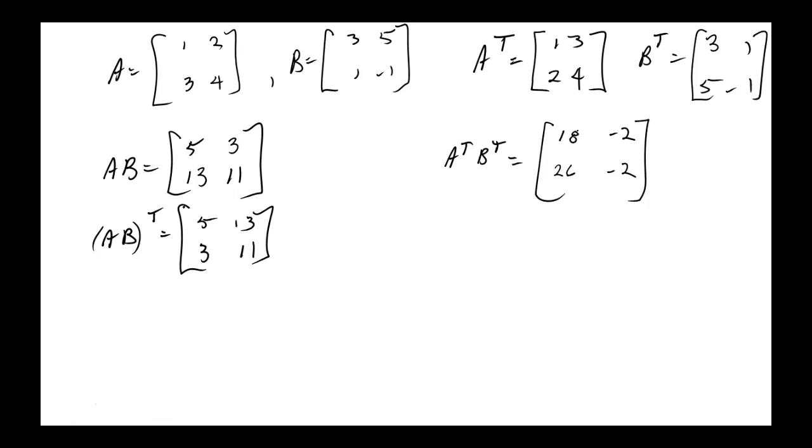But the next says do B transpose A transpose. Now we got to do that one backwards. Okay, let's do it backwards. Okay, B transpose A transpose. So it'll be row of B times column of A. So that would be 3 plus 2 is 5.